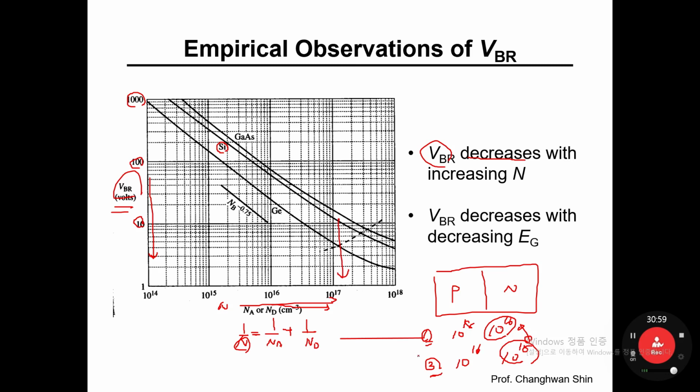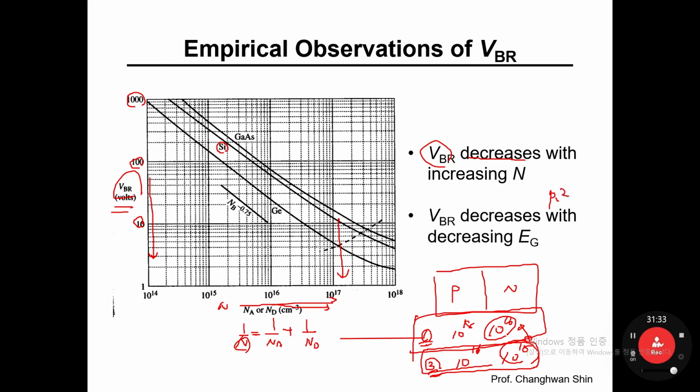So case number 1 gives us a lower breakdown voltage, and case number 2 gives us a higher breakdown voltage. To induce a breakdown mechanism in case number 2, we need more voltage. In case number 1, to obtain the breakdown event, we need a slightly lower voltage. Physically speaking, why is that? Think about that.